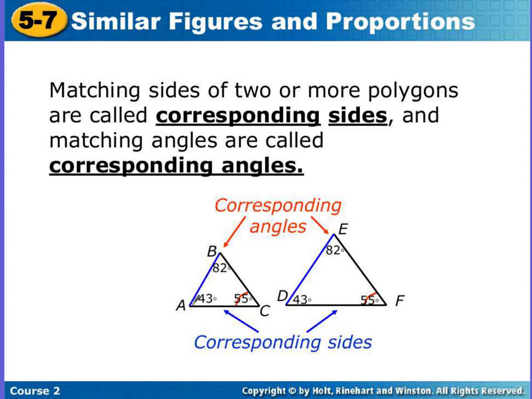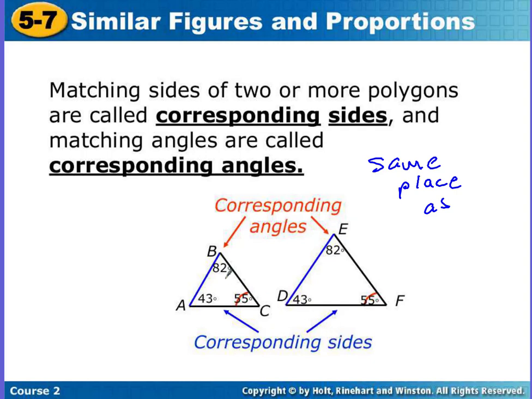Well, that corresponds to line segment DE, because correspond means the same place as. So line segment AB is in the same place as line segment DE, and those are called corresponding sides.